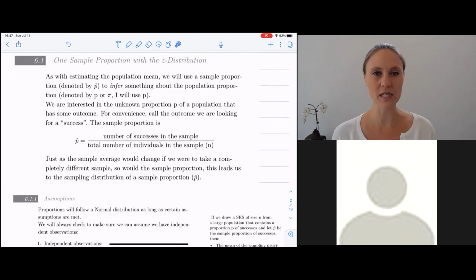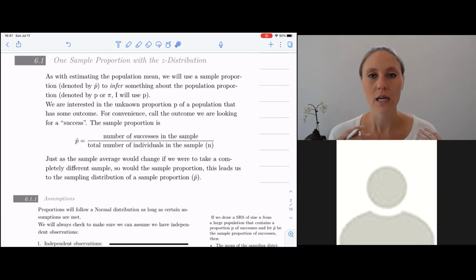We've seen this before where, with each new sample, even if we're randomly selecting every time, the sample mean is going to change depending on our sample, right? Not change a lot, hopefully, but change a little bit. There's a little bit of movement, and that's where that sampling distribution came from.